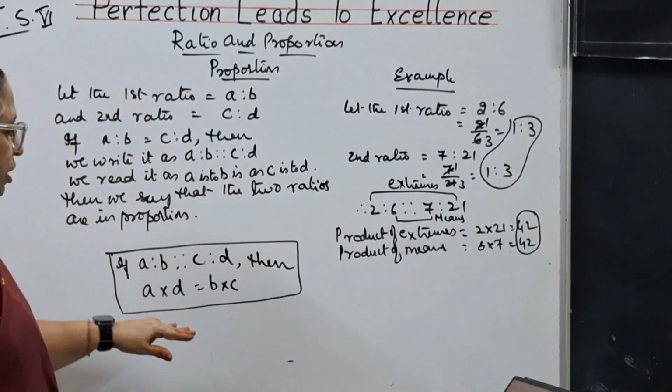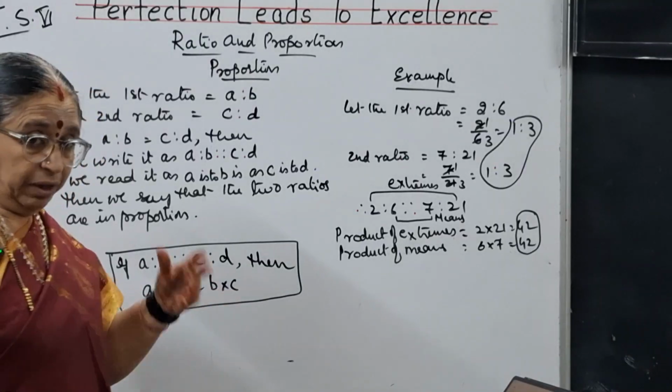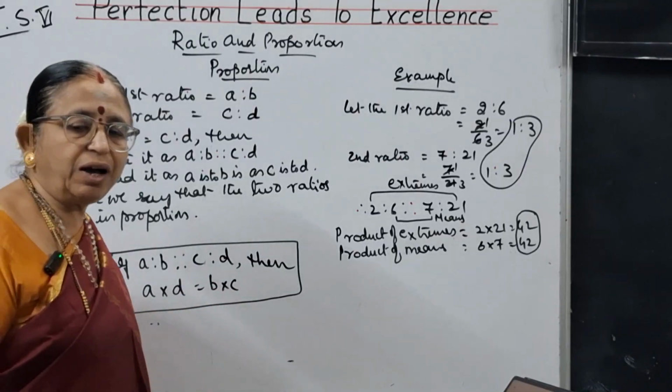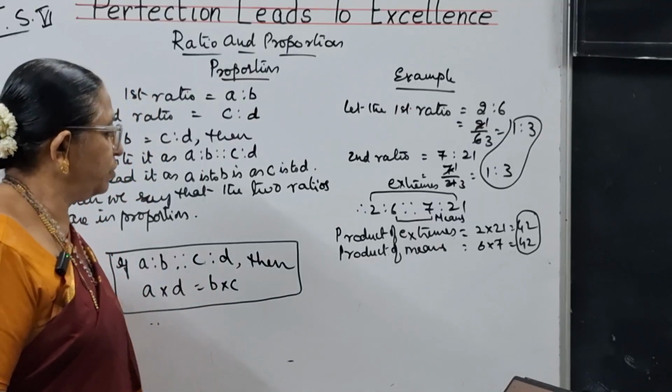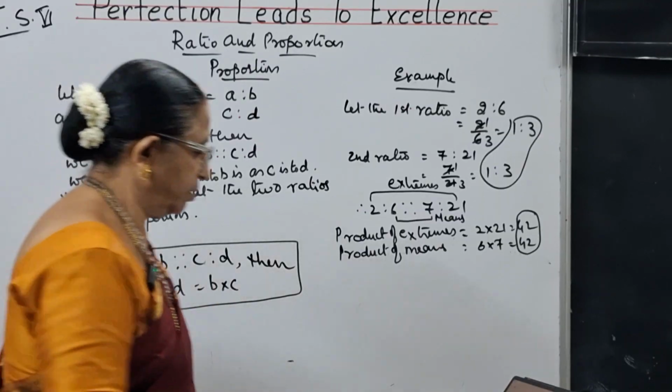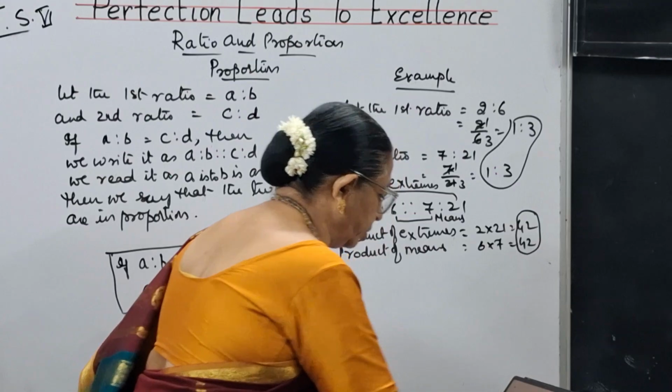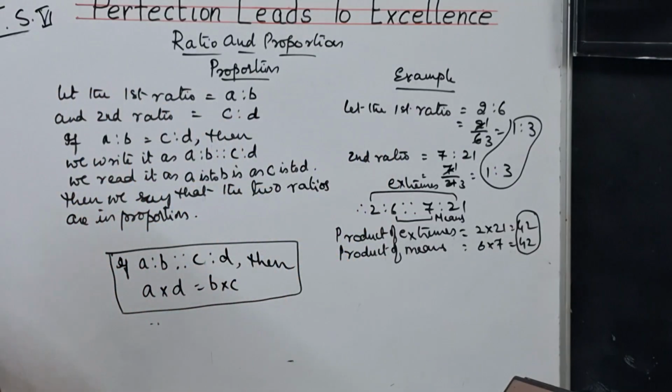This property you should have in your mind so that if you have any type of sums of this kind, you can do it very easily. This is a small introduction of a proportion, children. Please copy it.